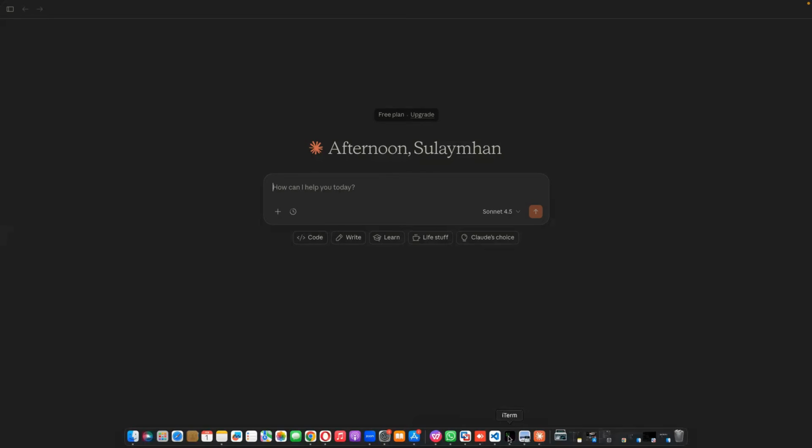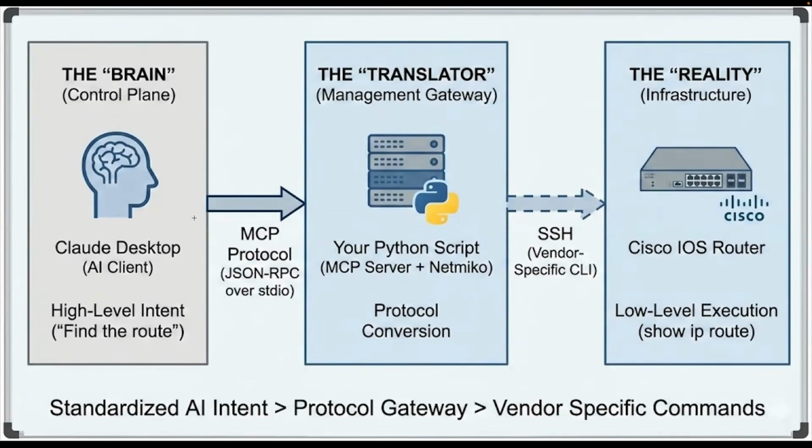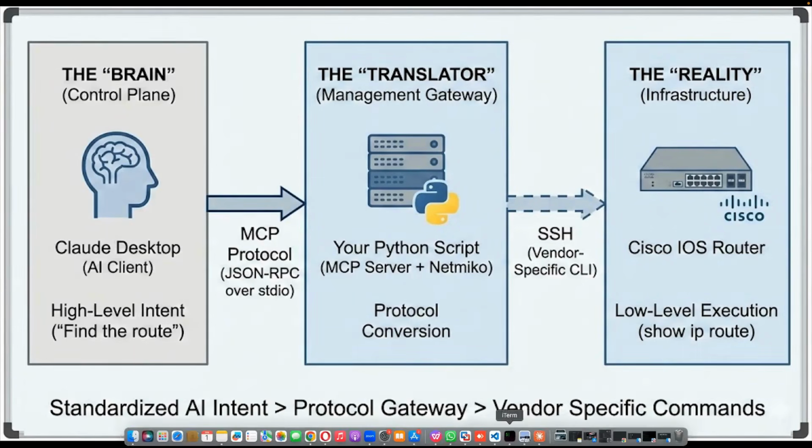The second part, coming back to this diagram, we have the brain, which is the Claude Desktop, that's the LLM. Then we have the MCP server, where we're going to have our Python script, and we have the device, the router we actually want to be able to talk to. So let's dive in.